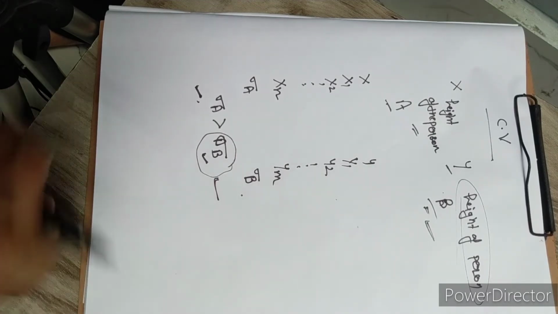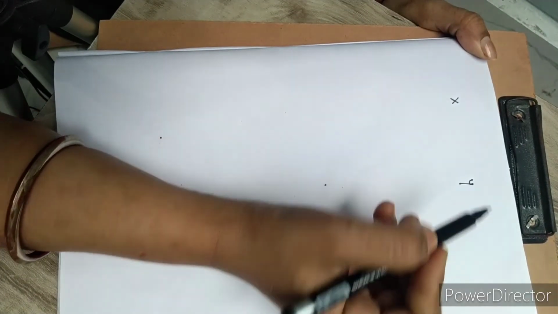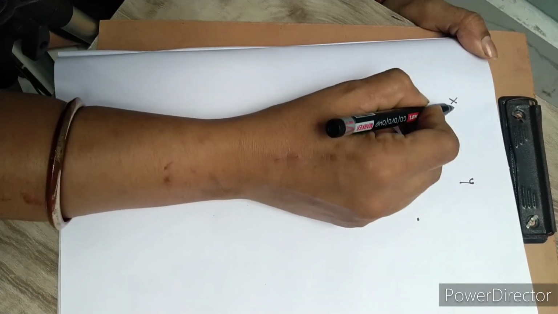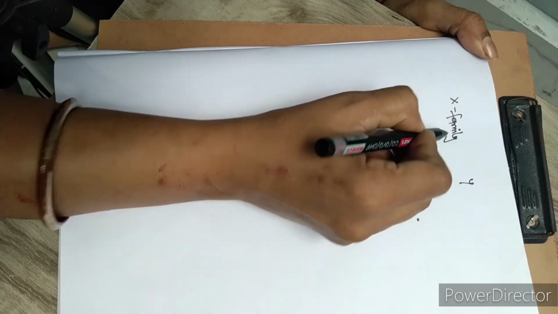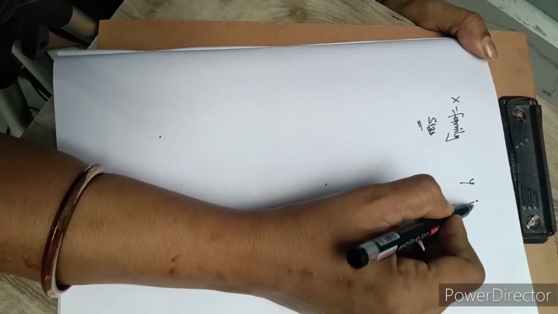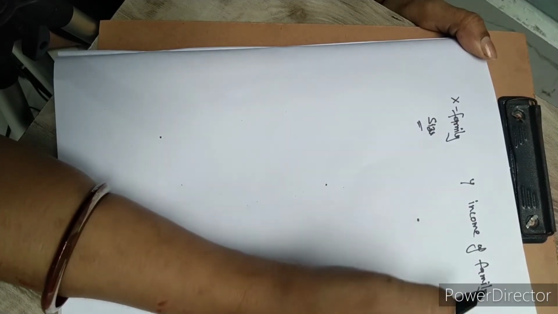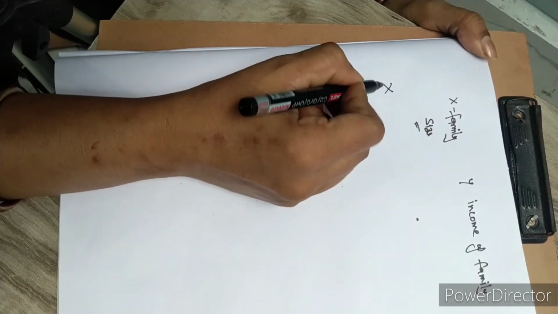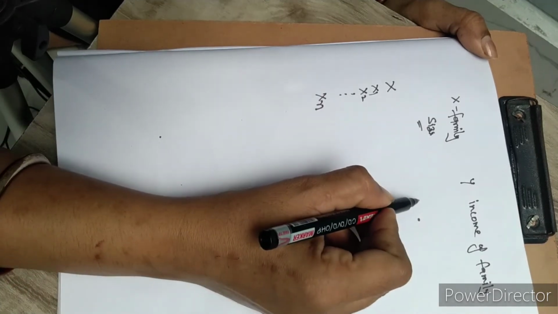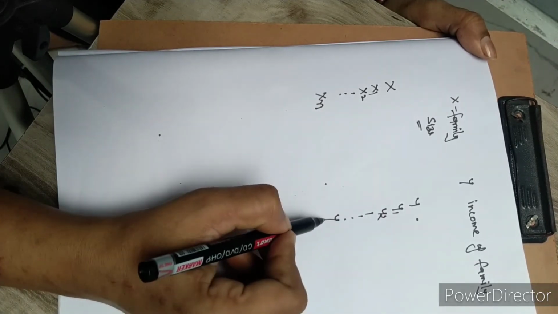Now we take another situation. Let us have data of two series x and y, and we want to compare which one is more consistent, and the variables are: x is the family size of colony A, and y is the income of families in colony B. The data of x is like x1, x2 up to xn, and the data of y is like y1, y2 up to ym.